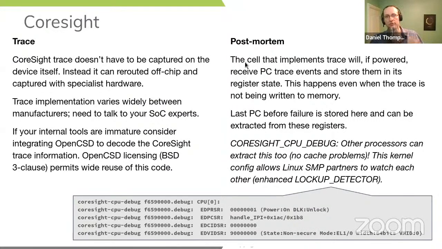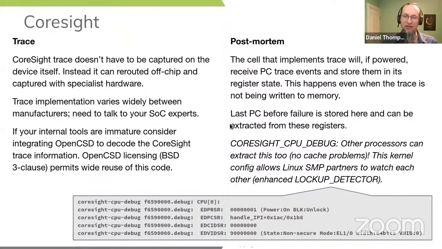And more than that, it's memory mapped. That means that if you have any bus initiator at all that you can control, even a simple peek and poke from a microcontroller, you can go and find the CoreSight debug registers with your microcontroller, and you can read out the program counter that the execution unit was running just before it failed. The program counter, particularly if it's running in the kernel, can be really, really useful. Even if it's running in user space, you have the problem that it's a virtual address space, but you can still narrow things down a bit if you know what's running in user space as well.